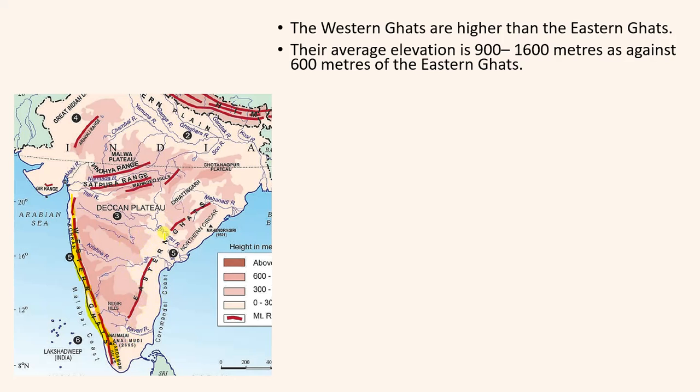You may say in Hindi, Kinara. So the Eastern Ghats have an elevation of about 600 meters average, and the Western Ghats 900 to 1600.